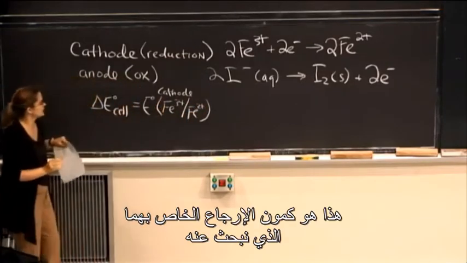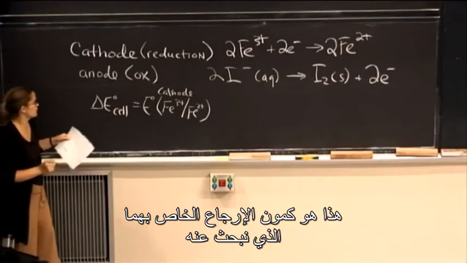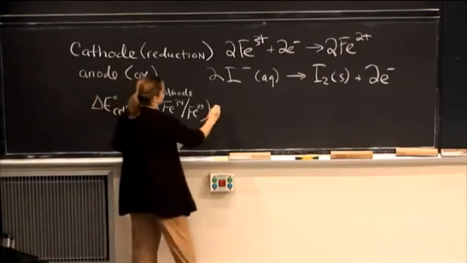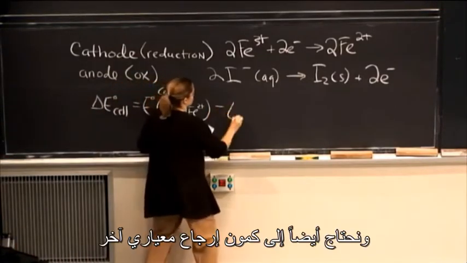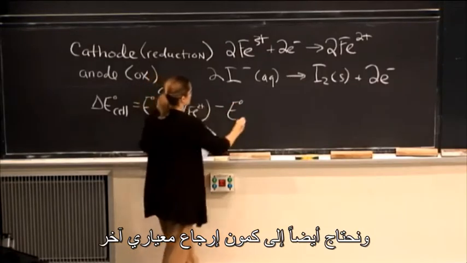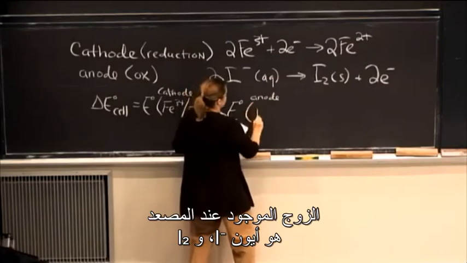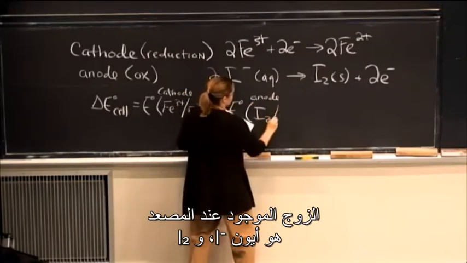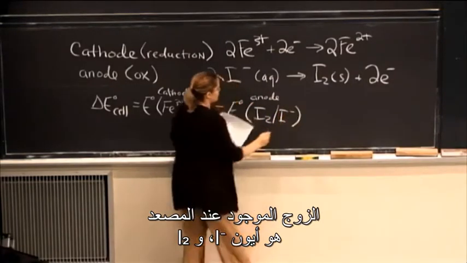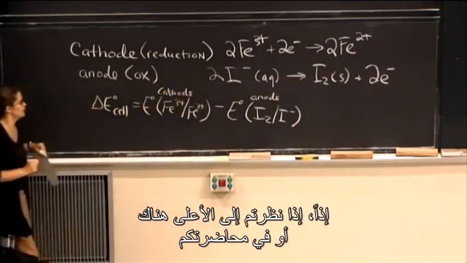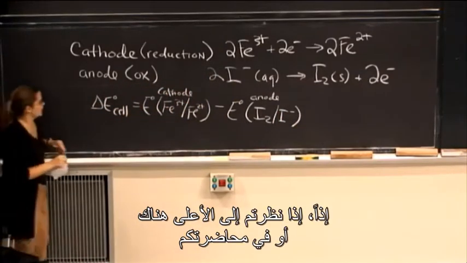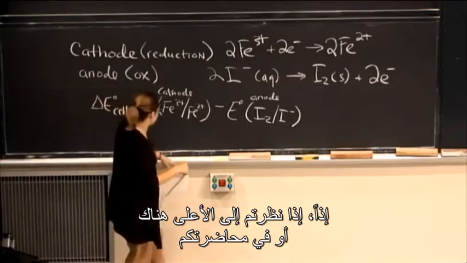That's the reduction potential that we're going to be looking up. And then we also need another standard reduction potential, the one for the couple at the anode. And the couple at the anode that we're looking up is I2 to I minus. So if you can see that up there, it's also in your handout.